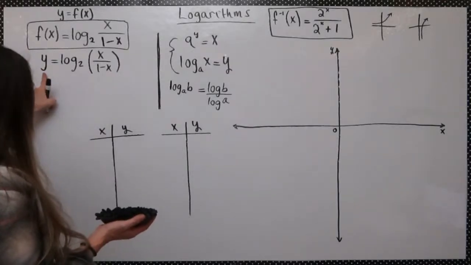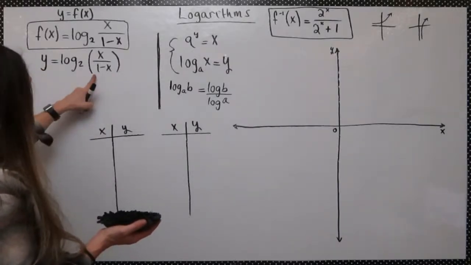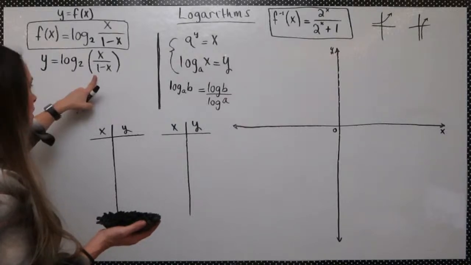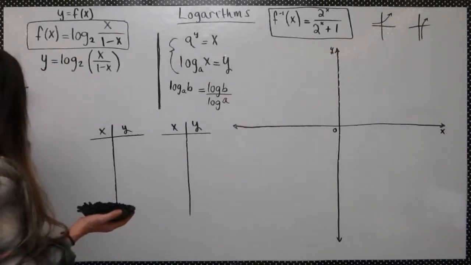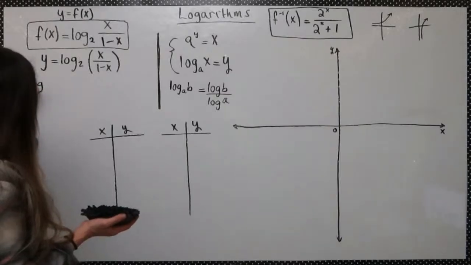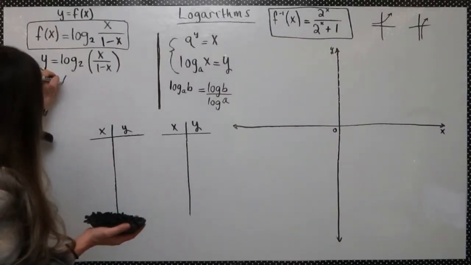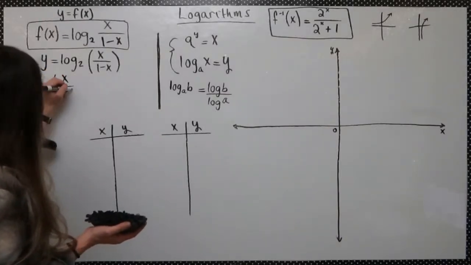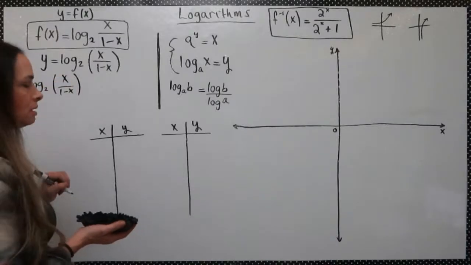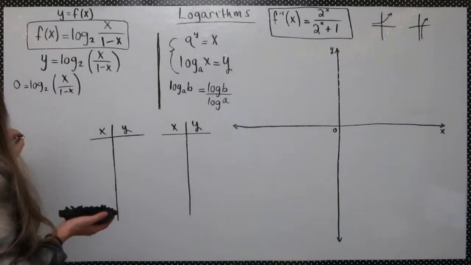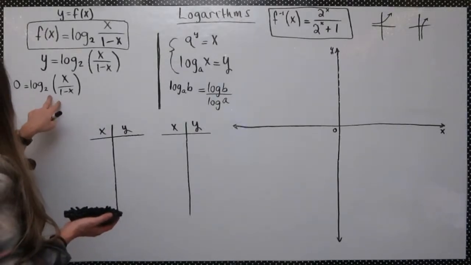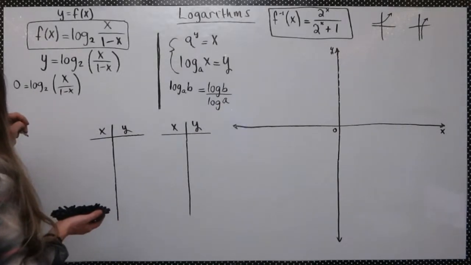So if I let y equal 0 and I try to solve this thing, I might be able to find it pretty easily. So let me try. 0 equals log base 2 of x over 1 minus x.